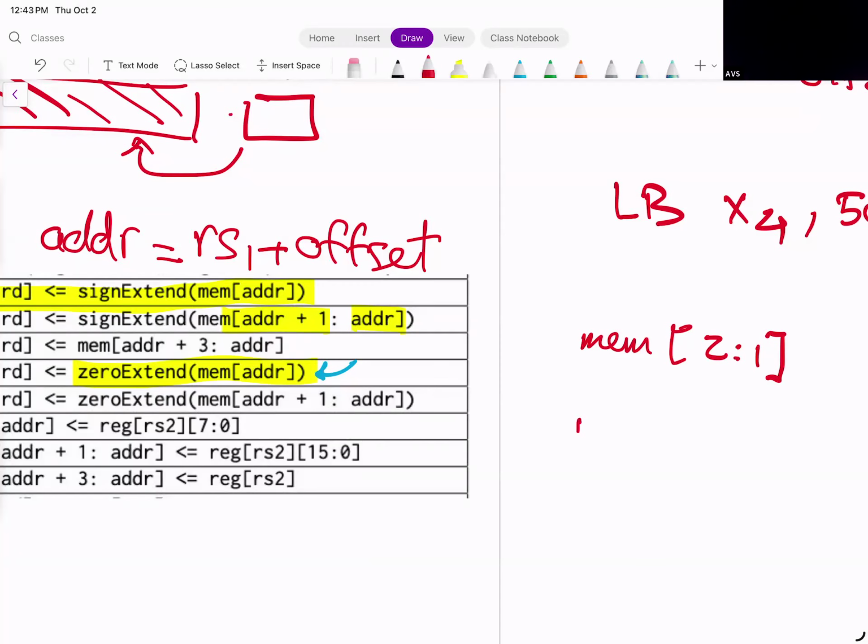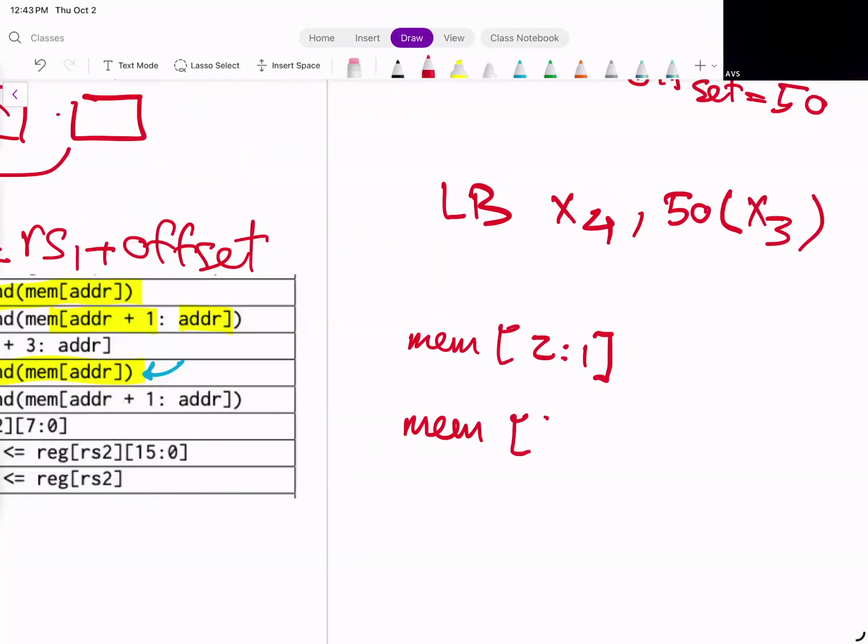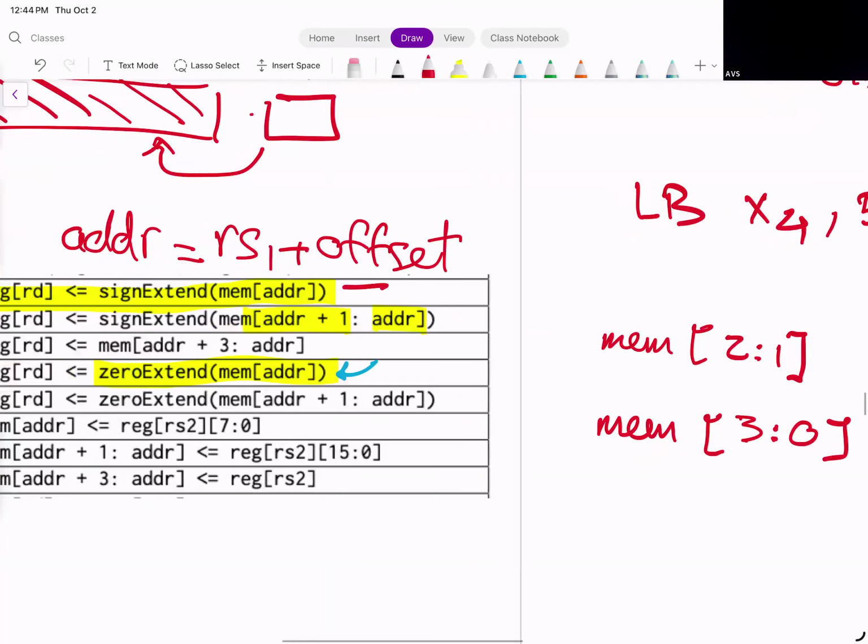This is the terminology that we typically use in Verilog as well. So if you see something like 3 colon 0, it means that address 0, address 1, address 2, address 3 are concatenated together, and that's one value, okay? In this case, since this is only 1 byte, I just put one number.